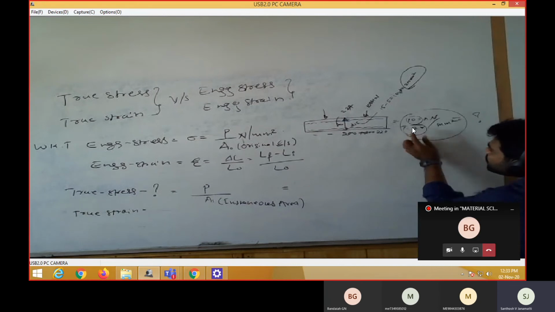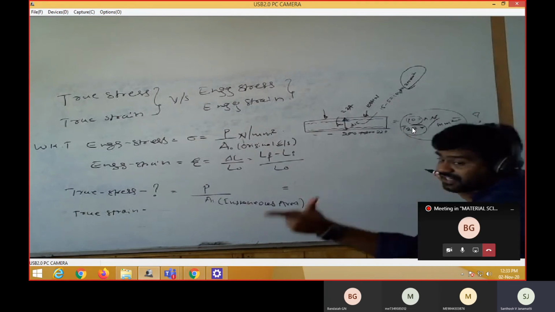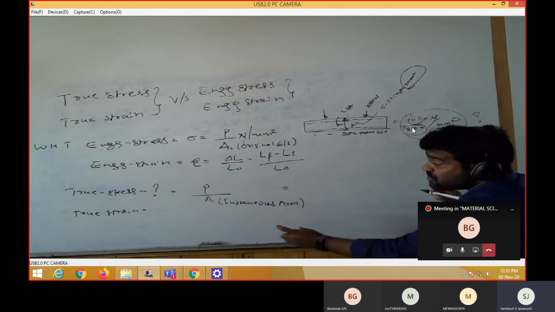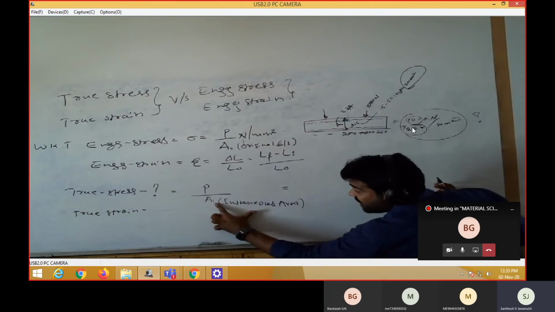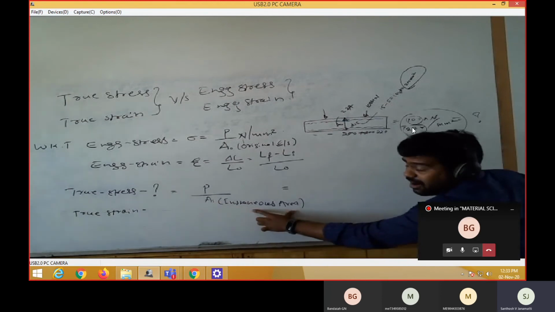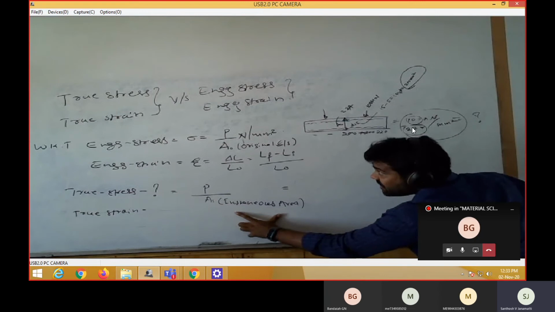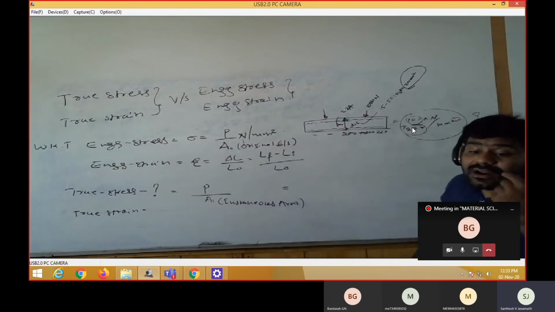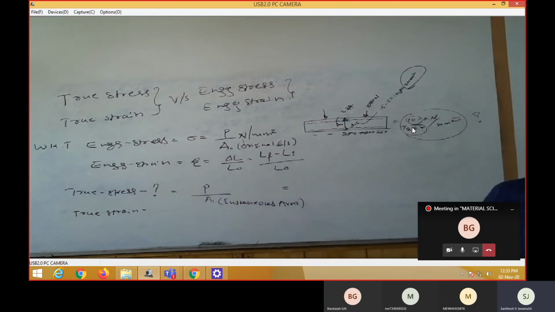Now, 224 is what we took for the engineering stress. Now I am calculating the true stress, so I am considering the instantaneous area. Instantaneous area means the value after conducting a test, after applying a load on that particular sample.